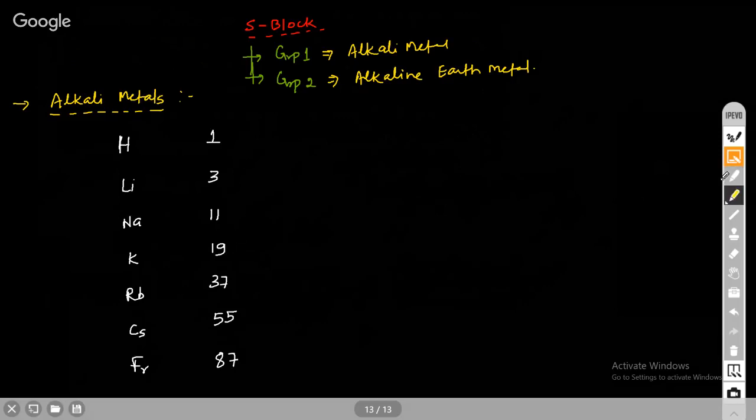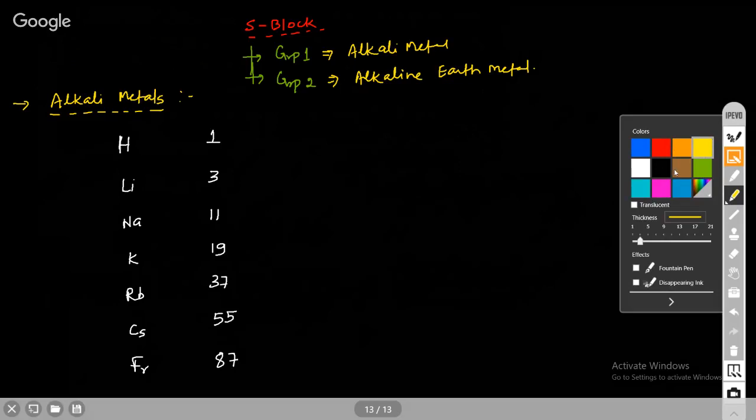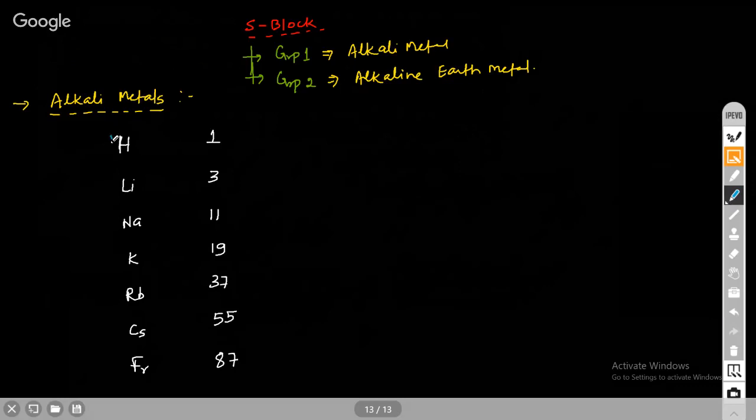Generally, we define alkali metals as those metals which react with water and form hydroxides.